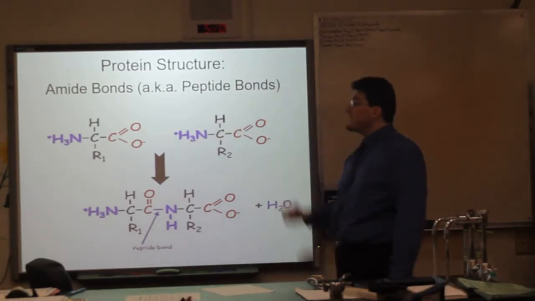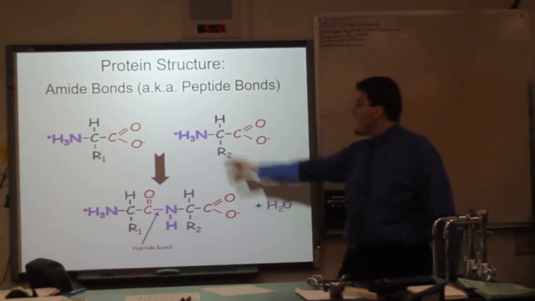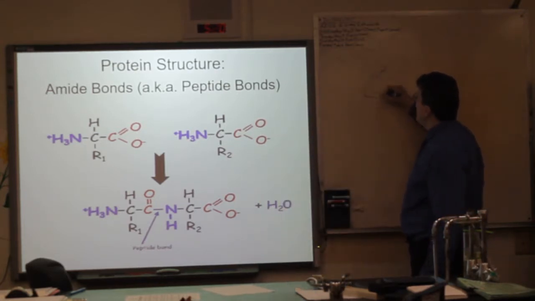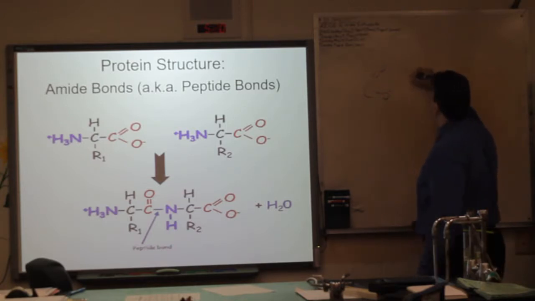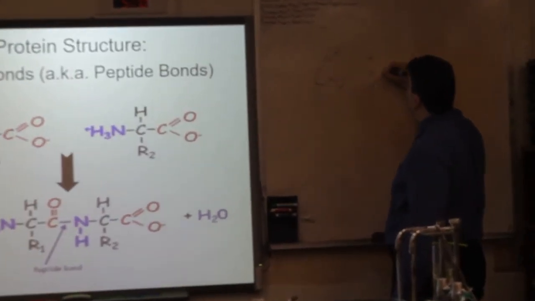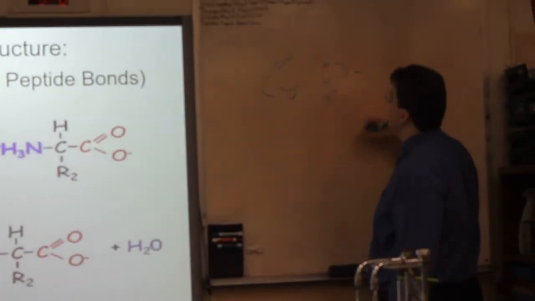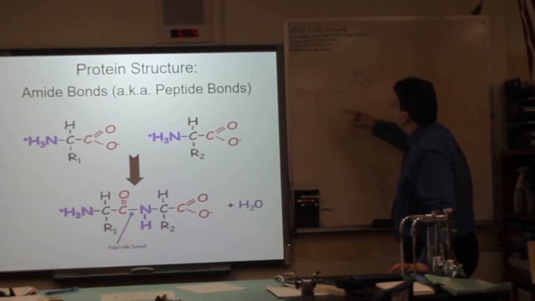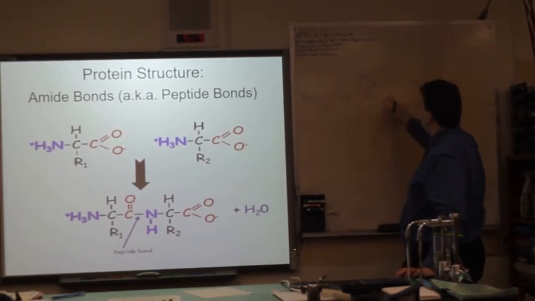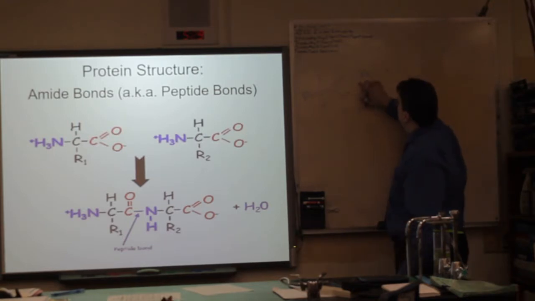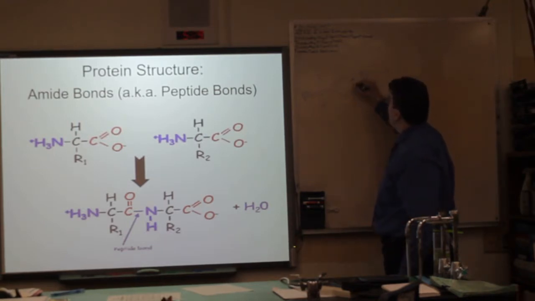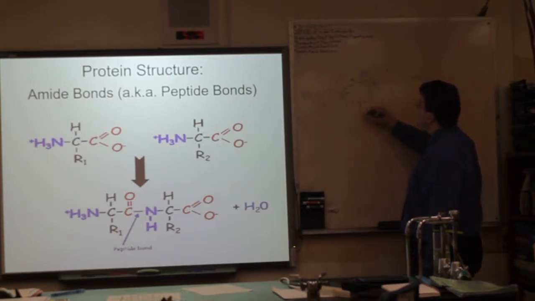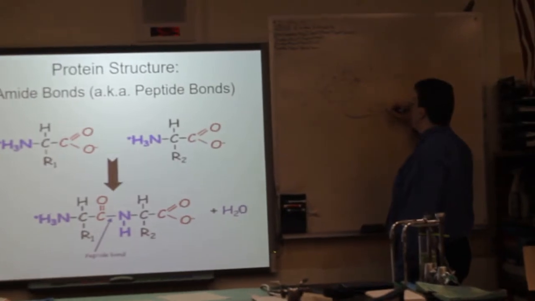Then we will have a condensation reaction occur, where I'm going to shorthand this, CO minus H. So we have here our first amino acid and our second amino acid. I'm going to combine these two. So we will have the oxygen and two of the hydrogens here combine. We'll have H2O leave.